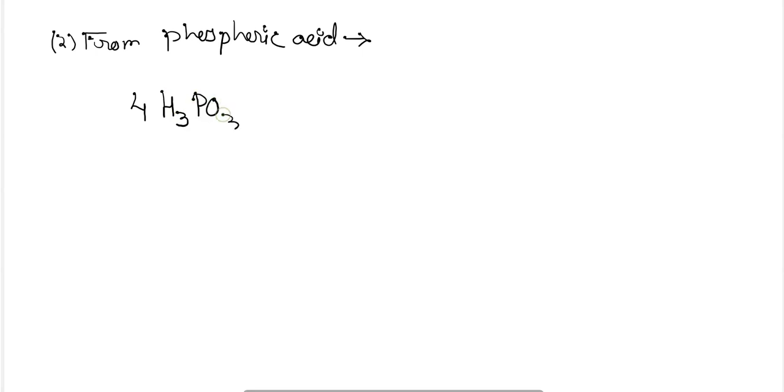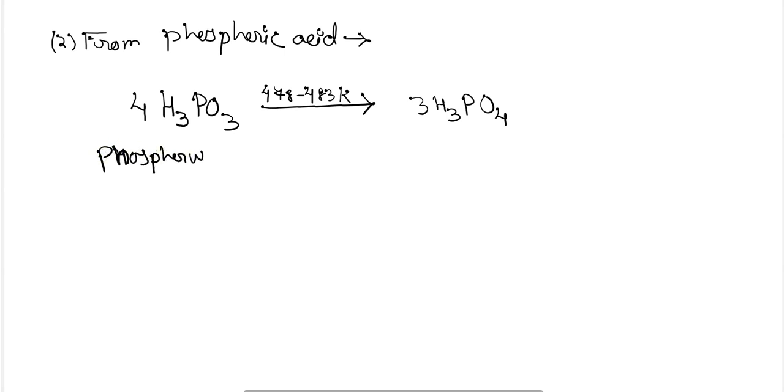On heating at a temperature of 478 to 483 Kelvin, the phosphorus acid will convert to phosphoric acid and phosphine.